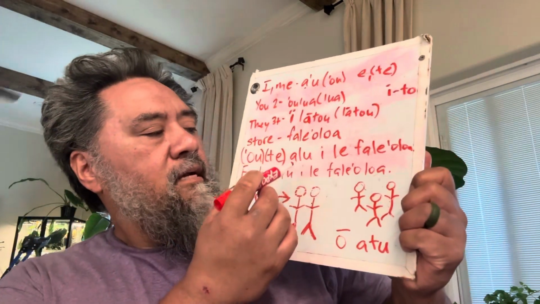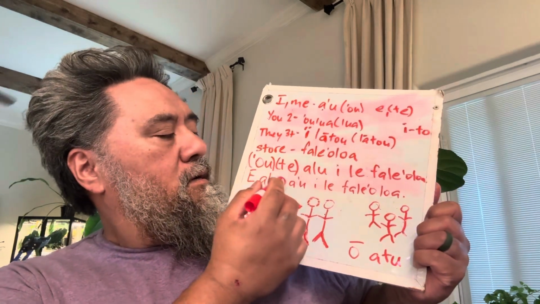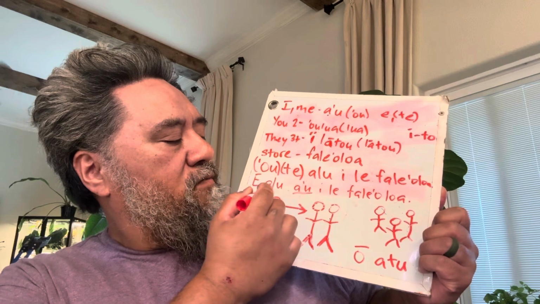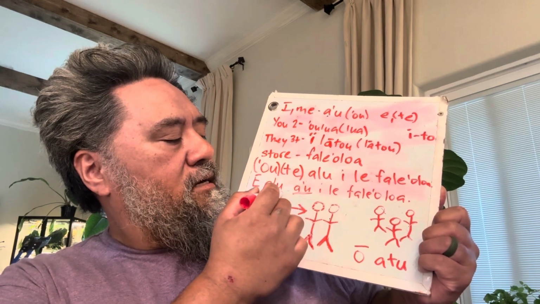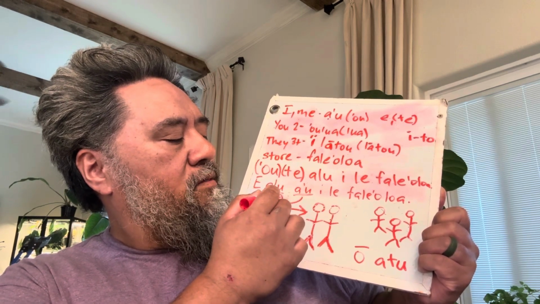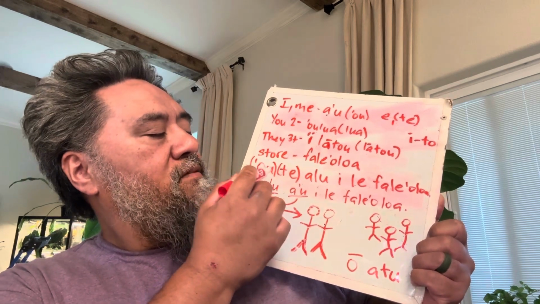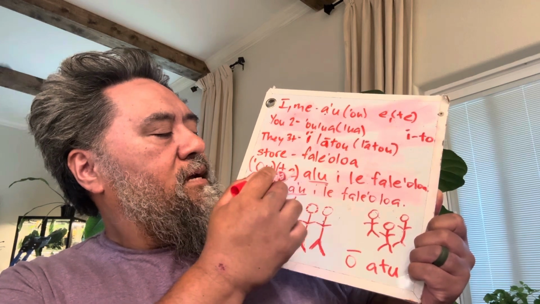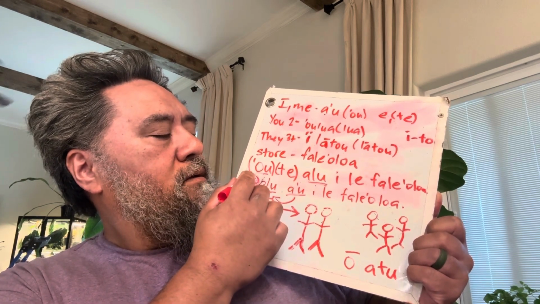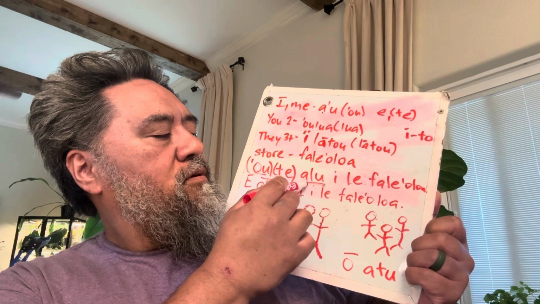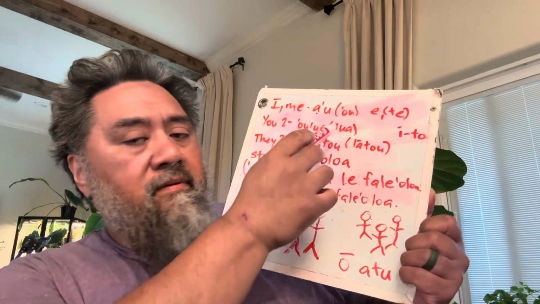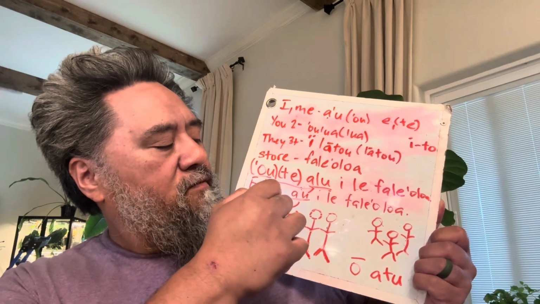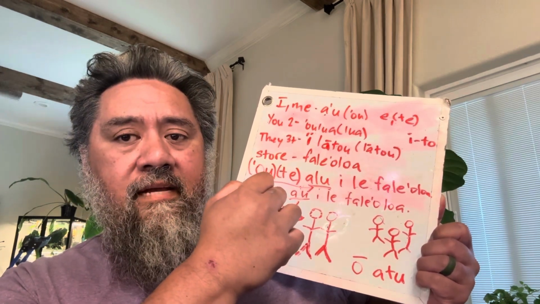So here's your long form, and here's your verb. It comes after the verb. And here you have the short form, and here's your verb over here, with the te in between, but it comes before the verb. So short form comes before the verb. Long form comes after the verb, right?